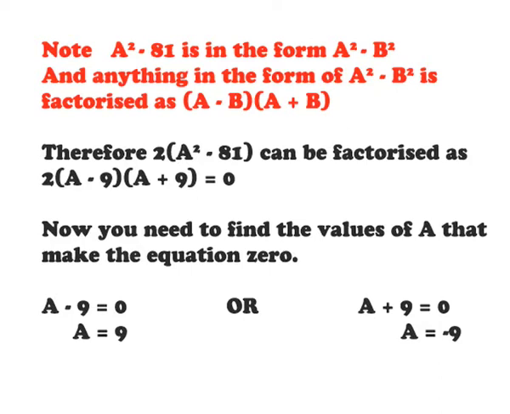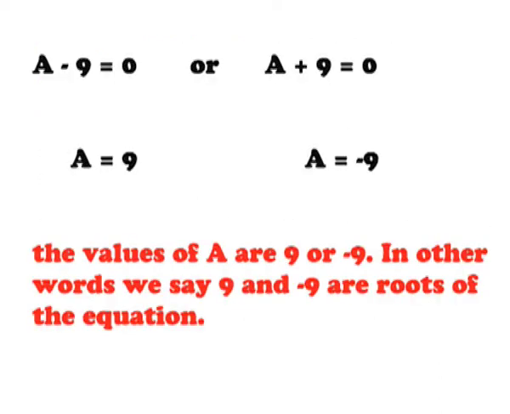We now need to find the values of a that actually make the equation 0, like we did for the very first one. As you can see, we're going to have two equations. a minus 9 equal to 0, or a plus 9 equal to 0. That should tell you straight away that a has two solutions.